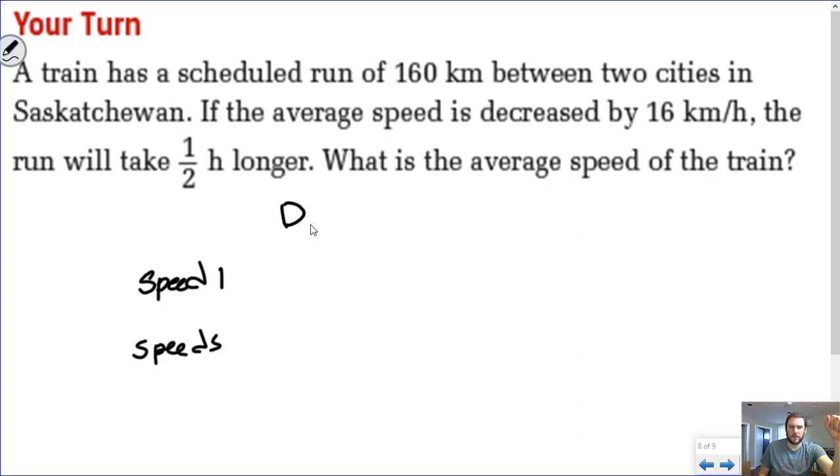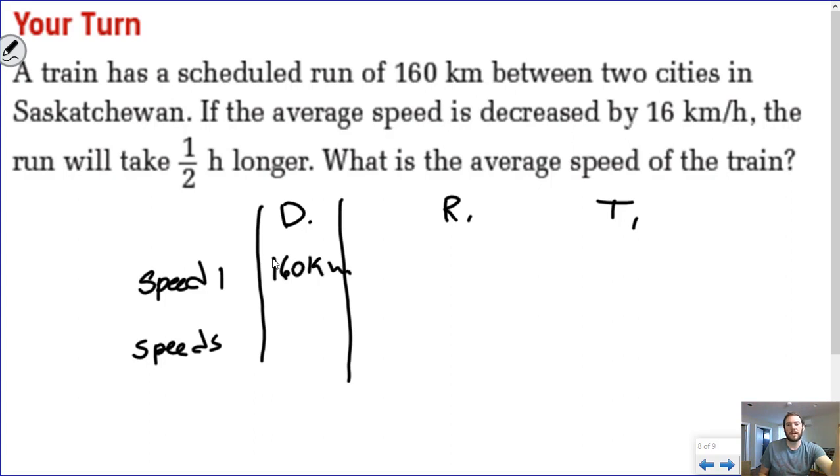We know that we're looking for distance, rate, and time. So when we're talking about speed 1, what's our distance between the two cities? 160 kilometers, right? It doesn't matter which speed or how fast we're going. The two cities are still going to be 160 kilometers apart.